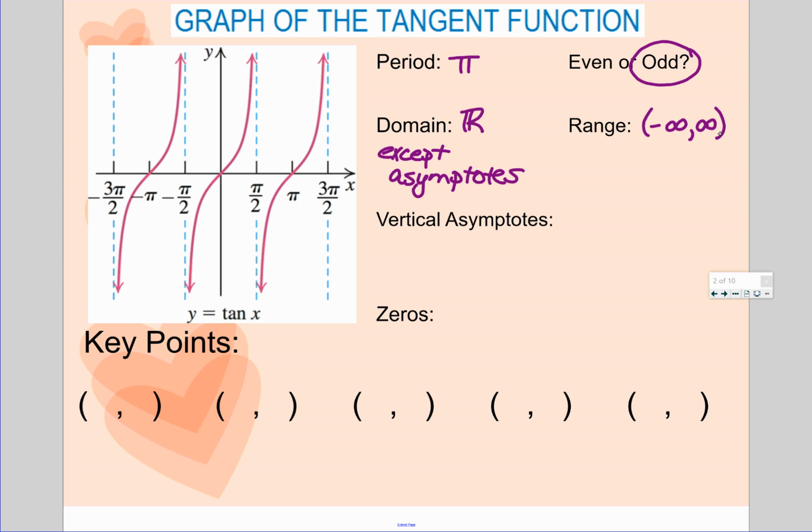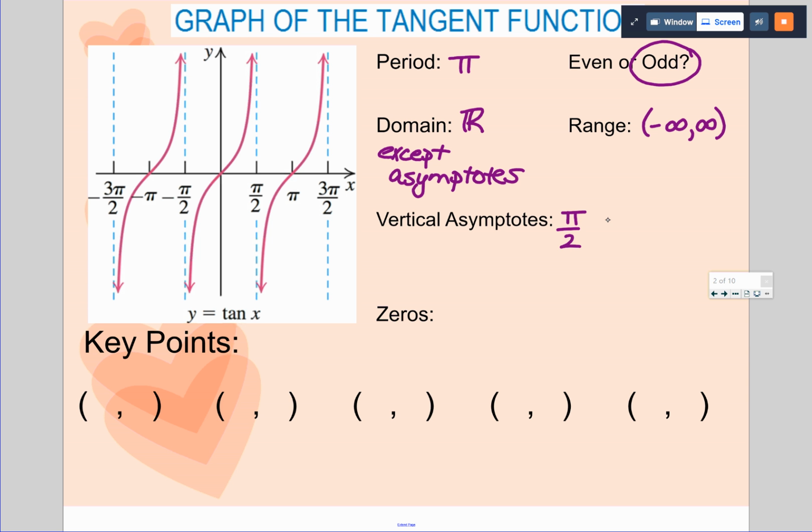Okay, so the asymptotes. Asymptotes are anywhere we see a dashed line, and you can pick any of them as a starting place. So I could pick pi over 2 as a starting place, or 3 pi over 2. And they occur every pi units because that's my period. There's a special way we're going to write this. We're going to pick an asymptote. It doesn't matter which one as long as it's an asymptote somewhere on the graph. So I'm going to say pi over 2 is my starting place, and then they repeat every pi units before and after that.